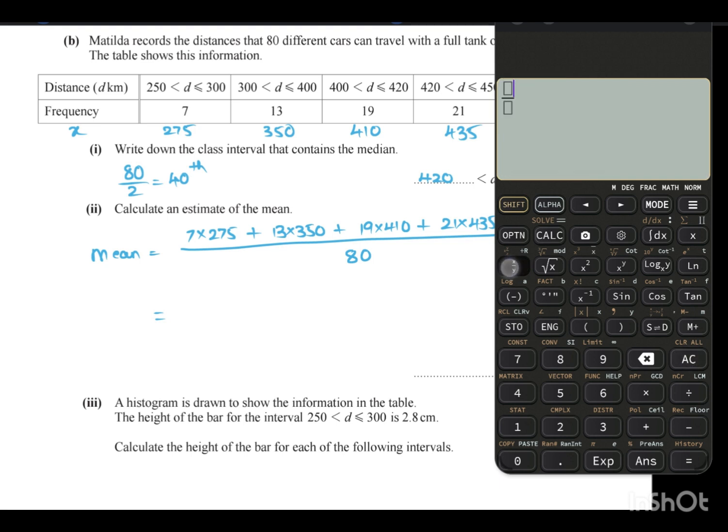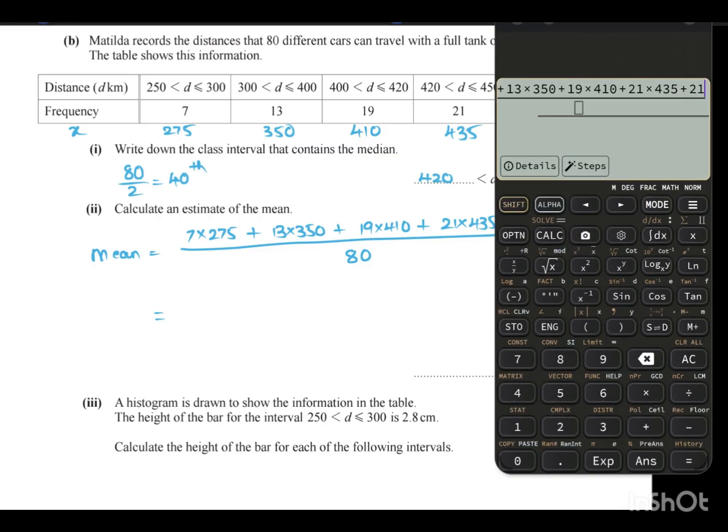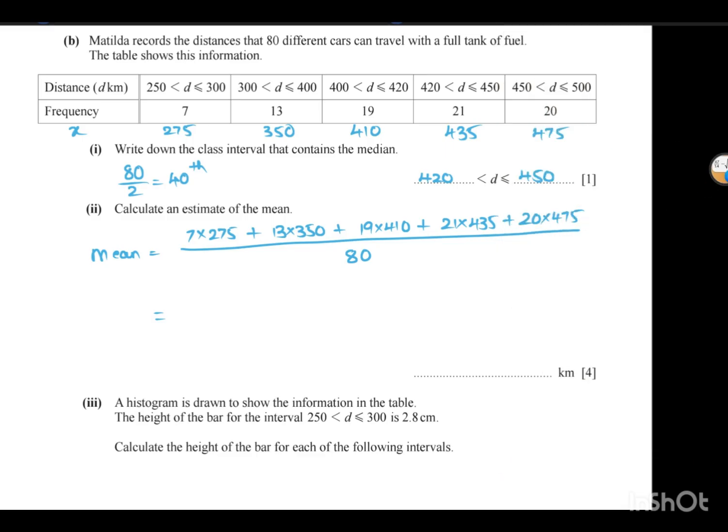Can do it. 7 into 275 plus 13 into 350 plus 19 into 410 plus 21 into 435 plus 20 into 475 by 80 is equal to 411.25 kilometers. Question number B1, 2 is done.